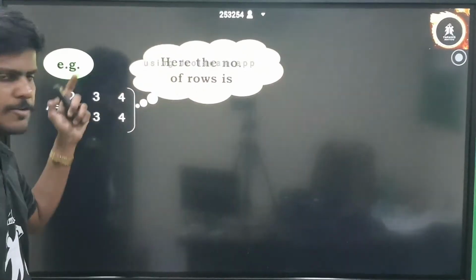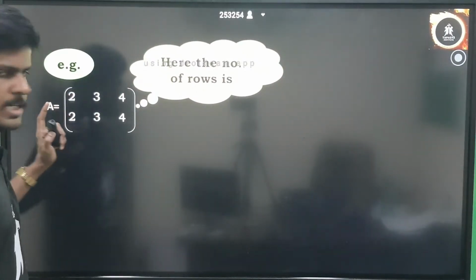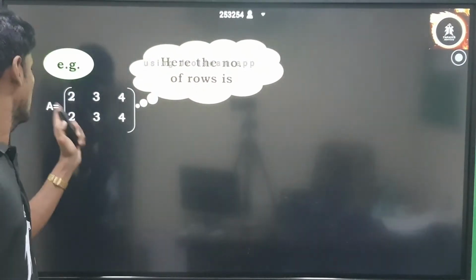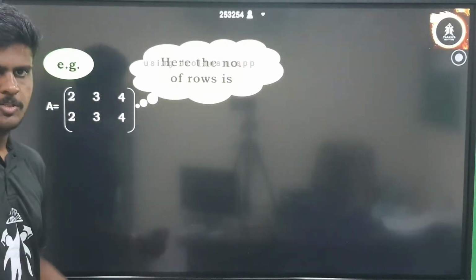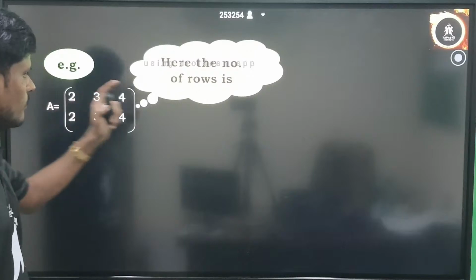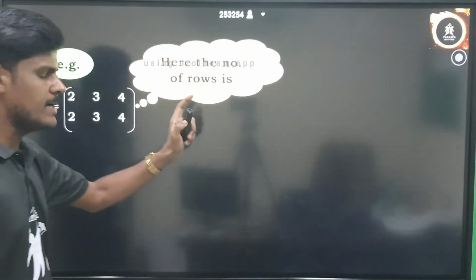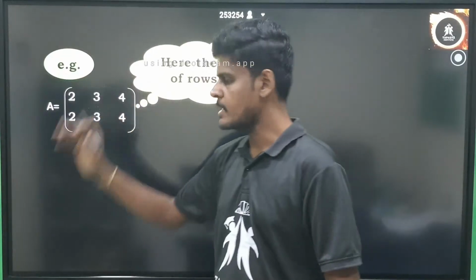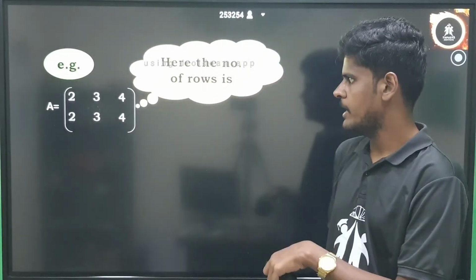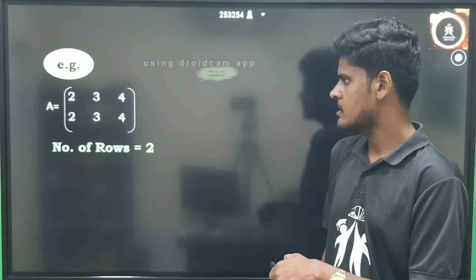Example, here there are 2 rows. How many columns are there, students? 1, 2 and 3. There are 3 columns and 2 rows. So totally it is a 2 by 3 matrix order. Therefore, as m is not equal to n, this is not a square matrix, or we can call it a rectangular matrix.